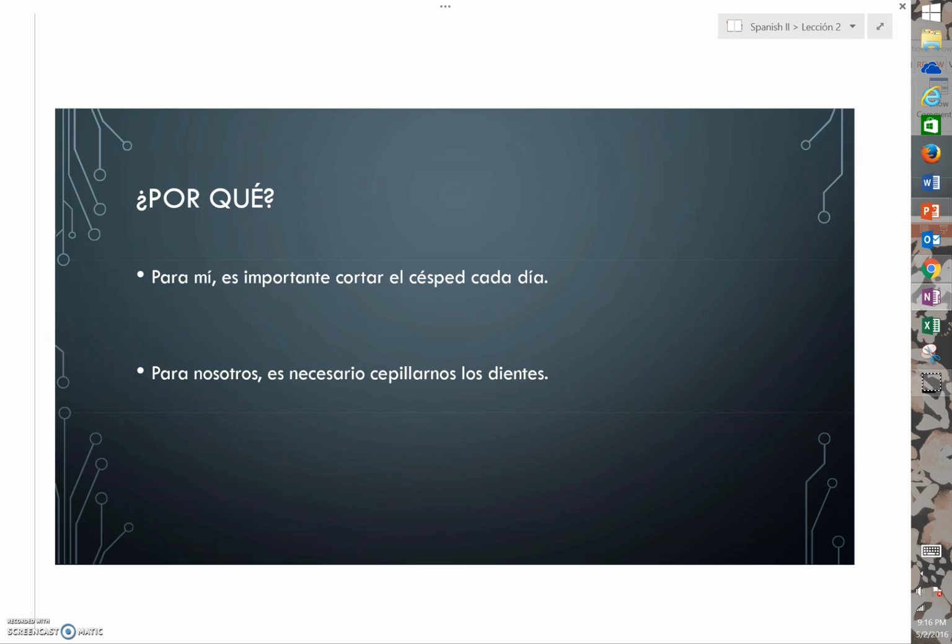Our first sentence says, for me, it's important to mow the lawn every day. Our second sentence says, for us, it is necessary to brush our teeth. I think this one was tricky. Both of these, para is used to express an opinion. In English, an example of this would be, well, for me, it's important to study. Okay? Para is used to express opinion.